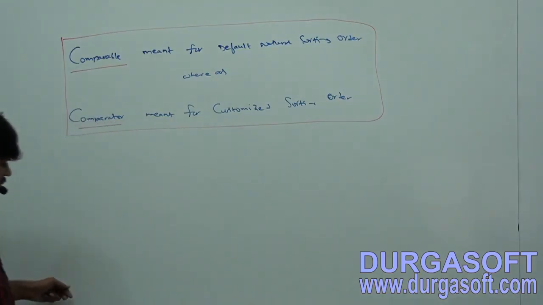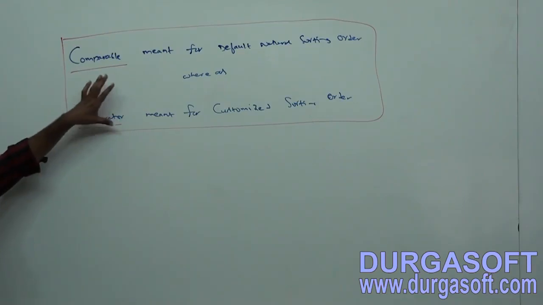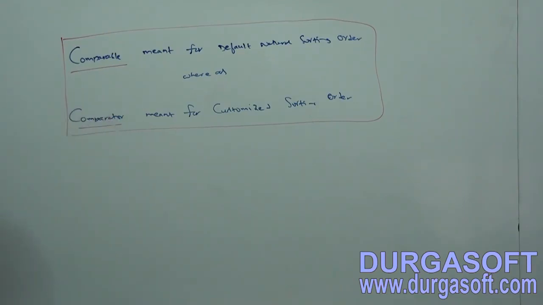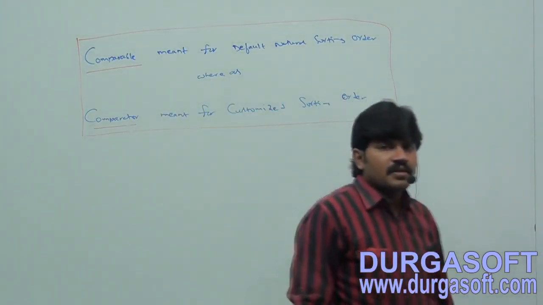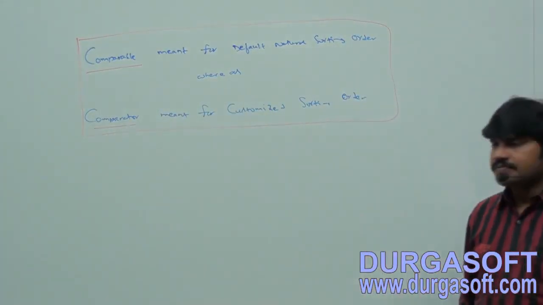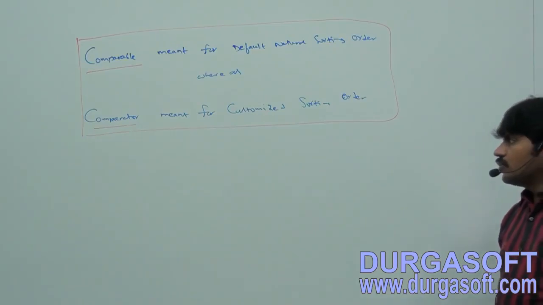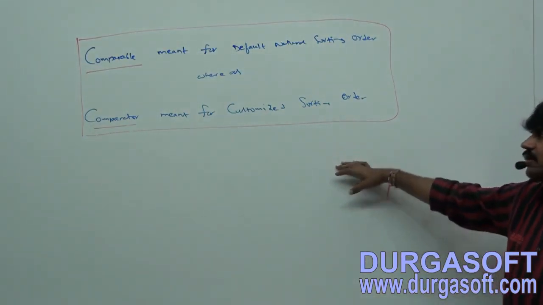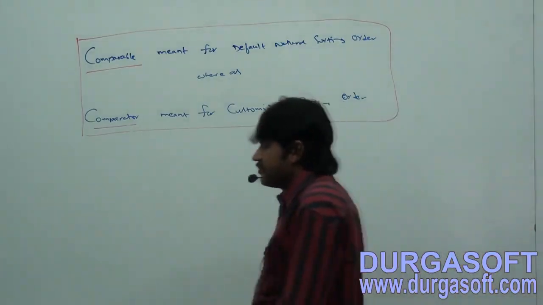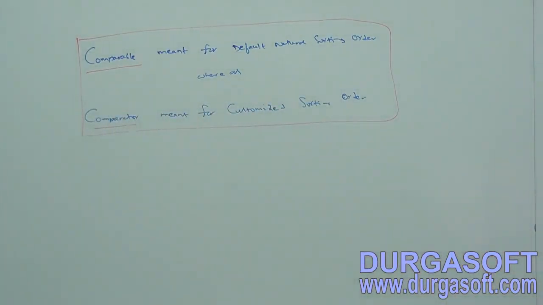Customized sorting order, the most valuable concept. So with Comparable, anyway everything is going to happen internally, but Comparator is the concept where we have to start and do things explicitly. Completed, right? Now keep submitting Comparator.